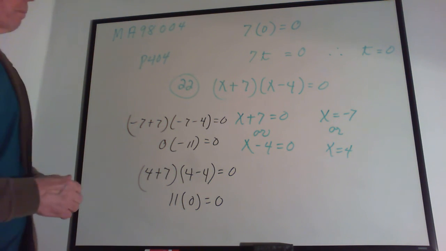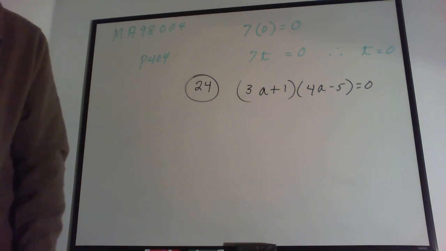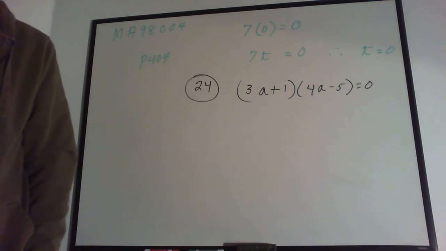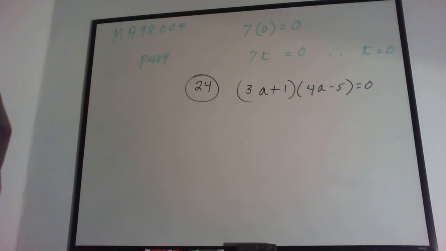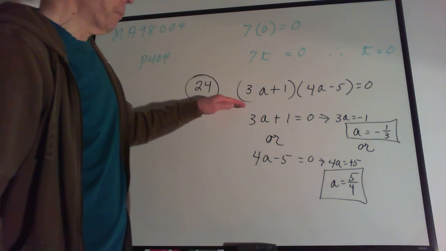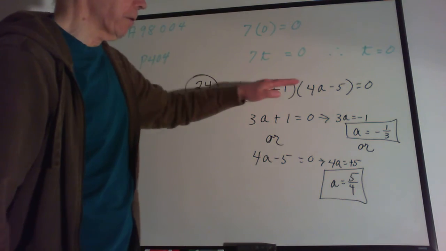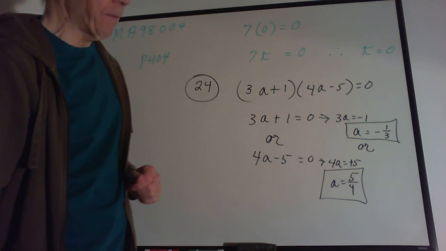All right, try number 24. Here's problem 24. Pause the video, try it, see how you do. Okay, again, same thought process. If my answer is 0, either this equals 0 or 4a minus 5 equals 0.